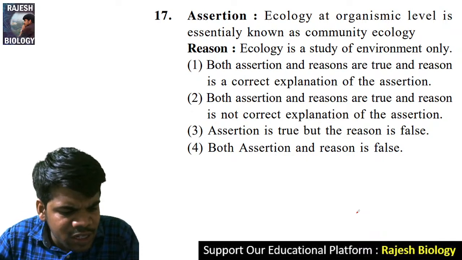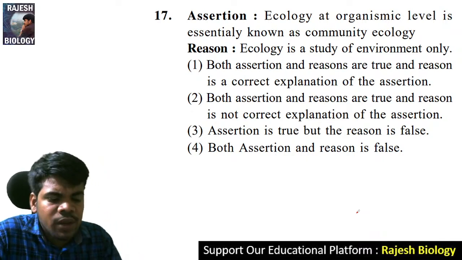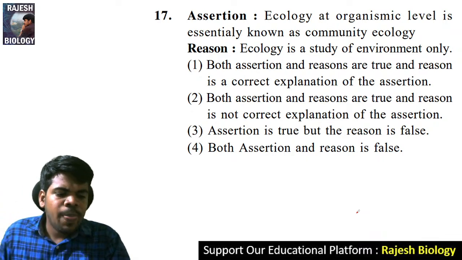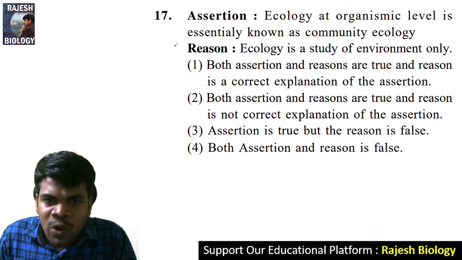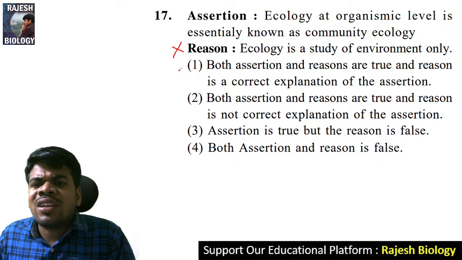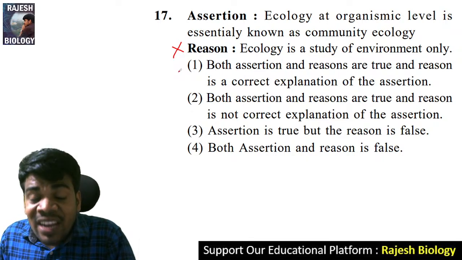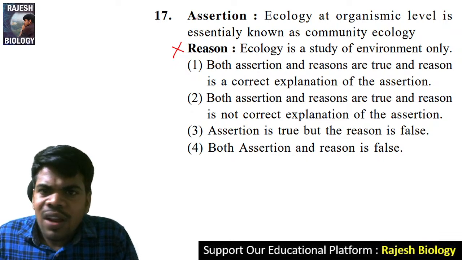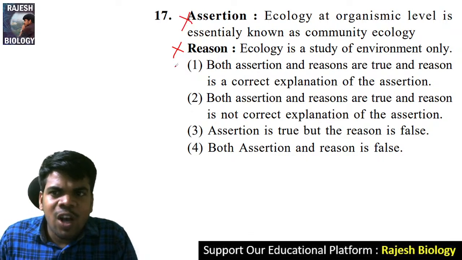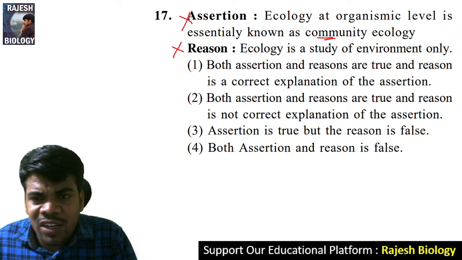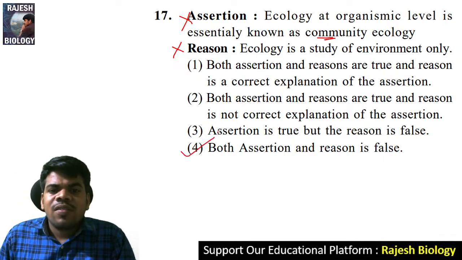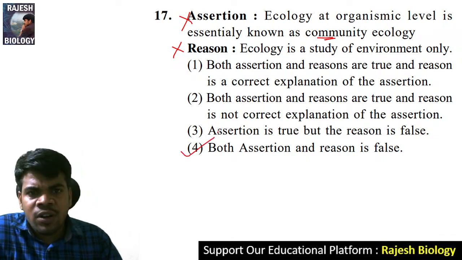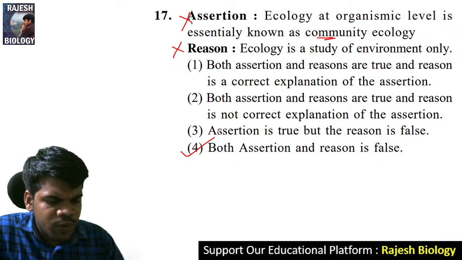Who says this answer? Chandrika, Gnaneshwari. But both are wrong. Ecology is not a study of environment, it is the study of interactions of the individuals. And the assertion is also wrong. Organismic level, how does it become community ecology? Both assertion and reason are false. The right answer is 4.